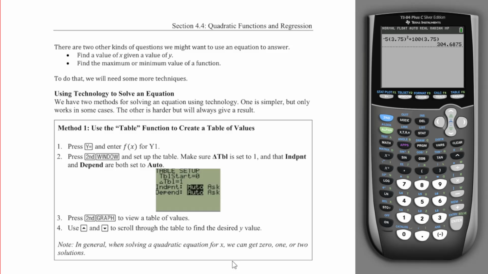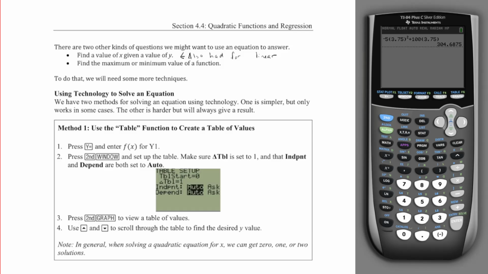We can ask questions where we're given the value of Y and asked to find the value of X. Right? We also had this for linear. For linear functions, we could also ask questions where we wanted to find a value of X given a value of Y.